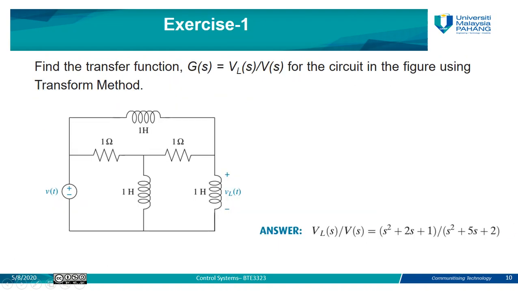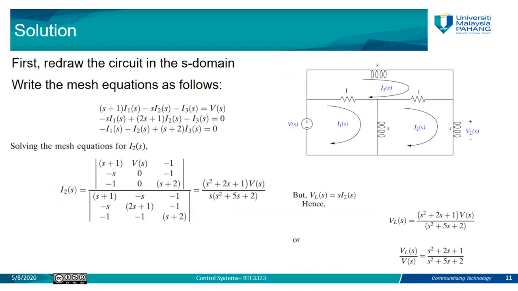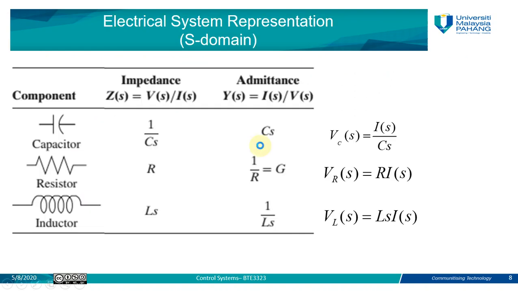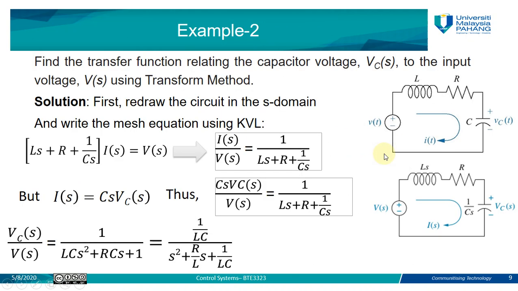As we can see from the formula, the voltage of the capacitor is equal to the current over Cs. So the current is equal to Cs times Vcs. Ics is equal to Vcs times Cs. So we just substitute the value here: Is equals Cs Vcs.